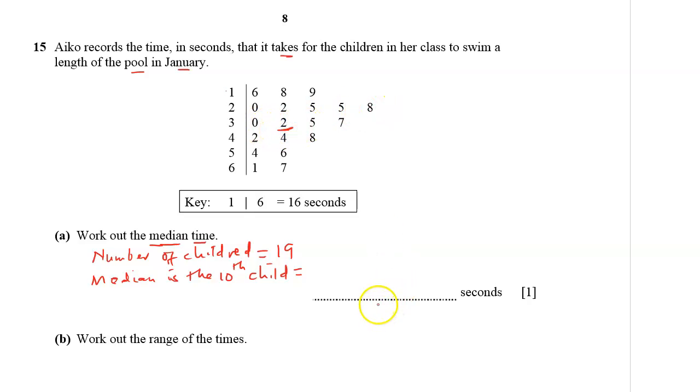So the median is at that point. But remember, this is 3/2. And from the key, we are told 1/6 is 16. Therefore, 3/2 is 32 seconds. So the median is 32.